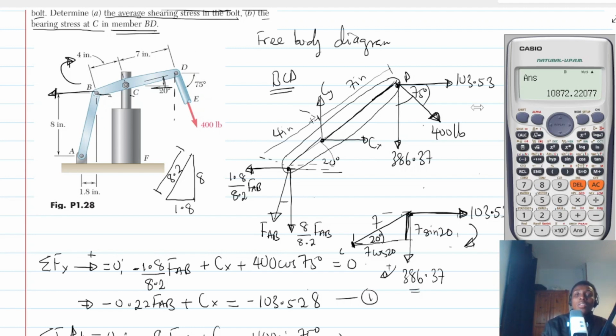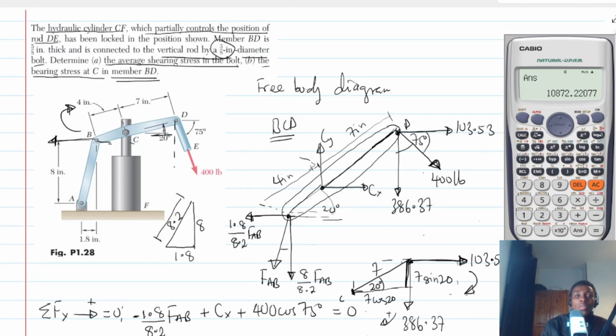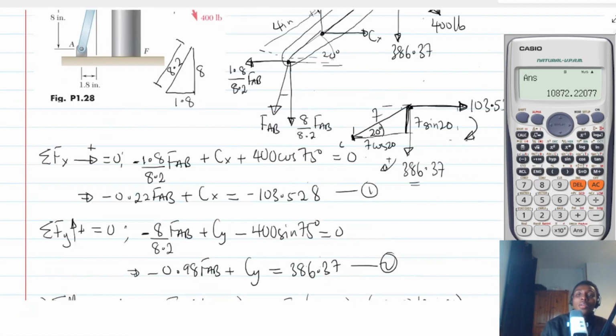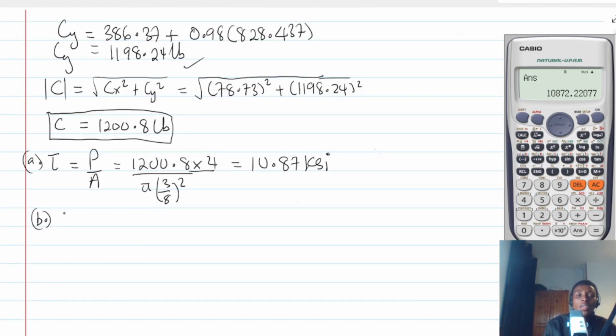For the normal stress, we are going to use this area here from the member BD, which is 3.8. So for the bearing stress from the bolt, it is going to be the load, which is the same force, divided by the area.